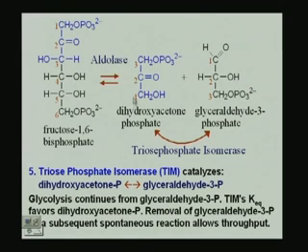So, this is favored, but the further steps of glycolysis continue from glyceraldehyde 3-phosphate. So, if the equilibrium shifts to dihydroxyacetone phosphate, what does it mean? It means I may not have sufficient glyceraldehyde 3-phosphate to continue with the glycolysis.